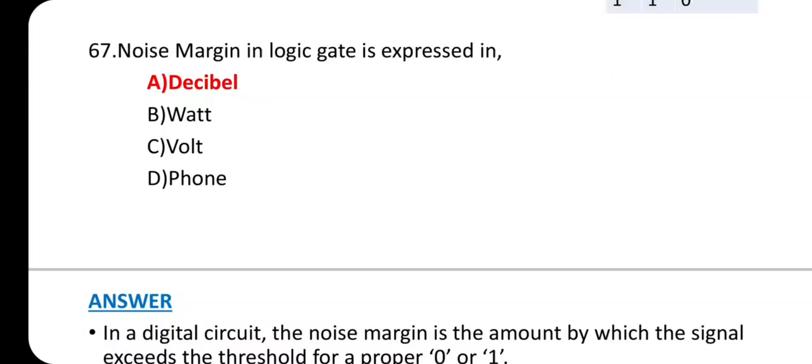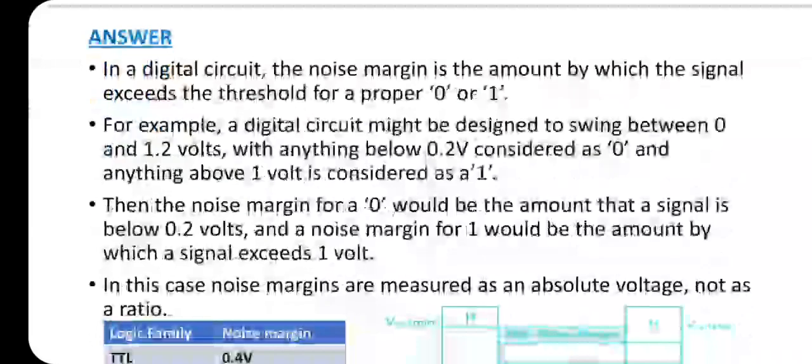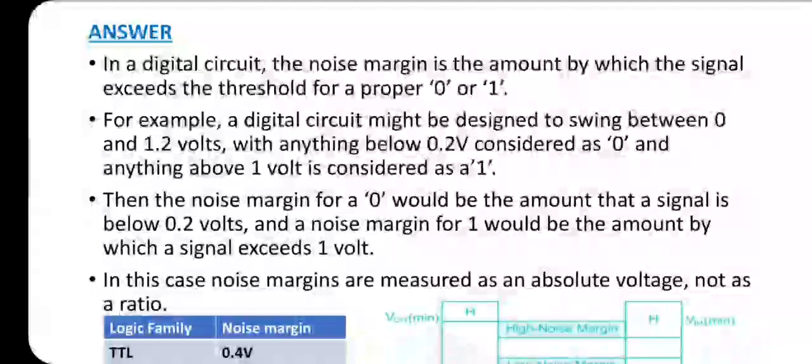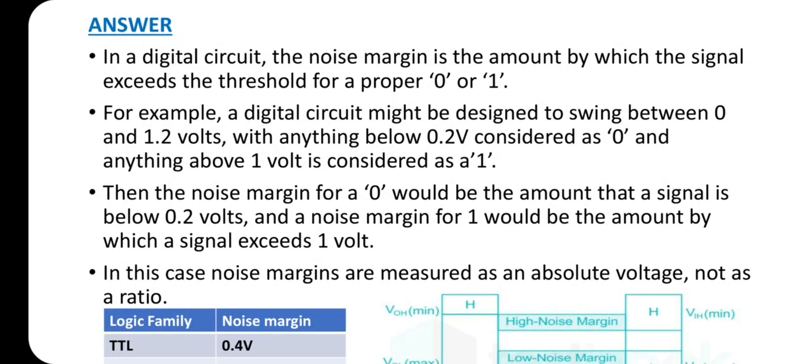Question number 67. Noise margin in logic gate is expressed in. Answer is option A, decibel. In a digital circuit, the noise margin is the amount by which the signal exceeds the threshold for a proper 0 or 1. For example, a digital circuit might be designed to swing between 0 and 1.2 volts with anything below 0.2 volt considered as 0 and anything above 1 volt is considered as 1.